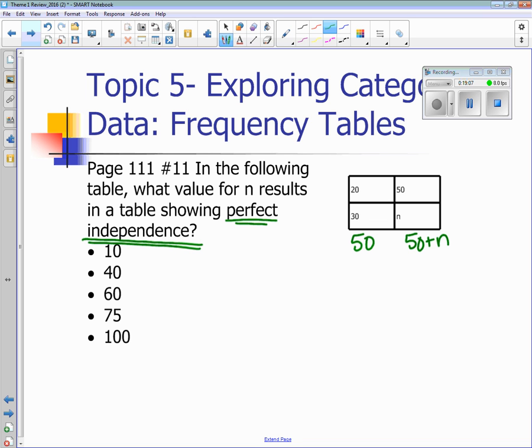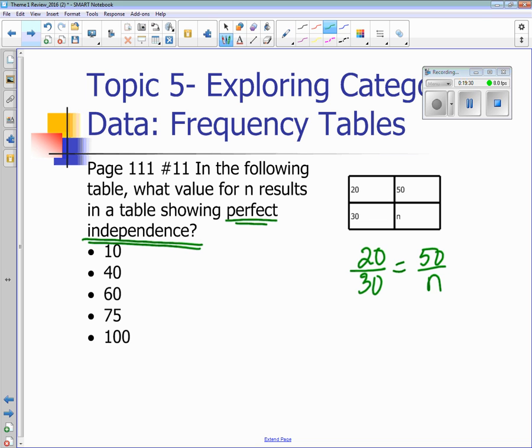I could have gone the other way, 70 and 30 plus n. That's not necessary. The easiest way is to say this has to be the same as this, and just cross multiply. Many of you did that.